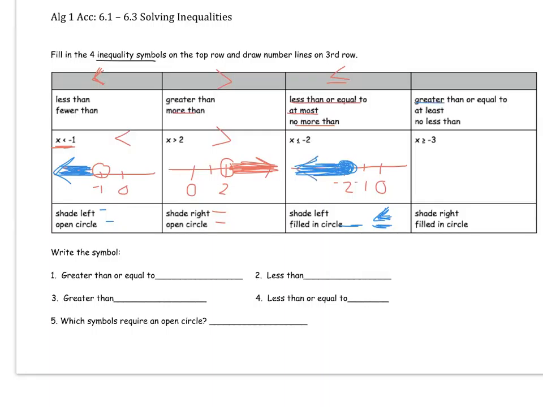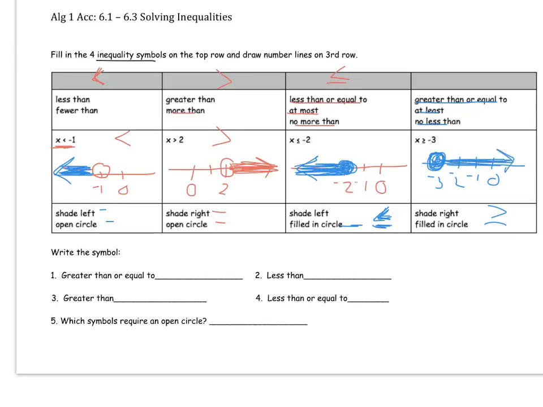Greater than or equal to also has the words at least and no less than. Greater than or equal to -3. I have 0, -1, -2, -3. Again, I'm going to have a filled in circle for greater than or equal to, and it's pointing to the right, so I'm going to shade to the right.